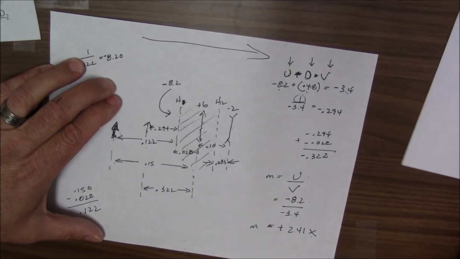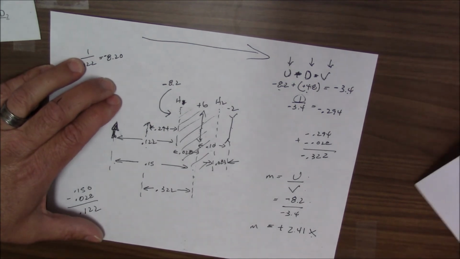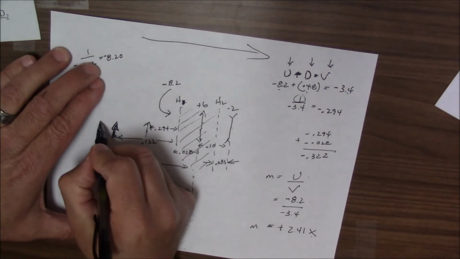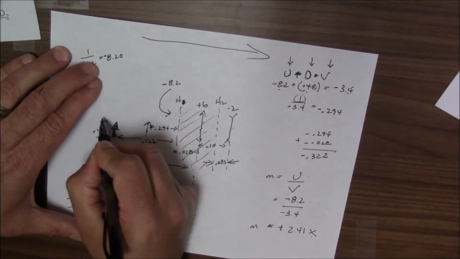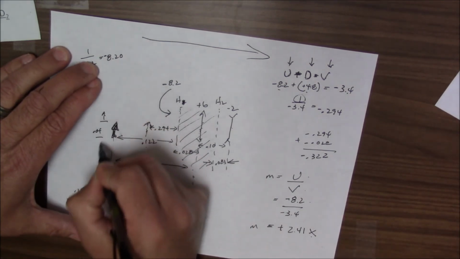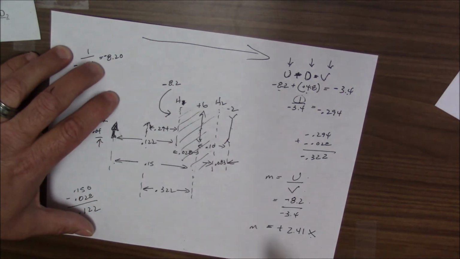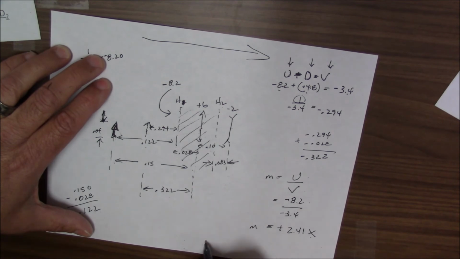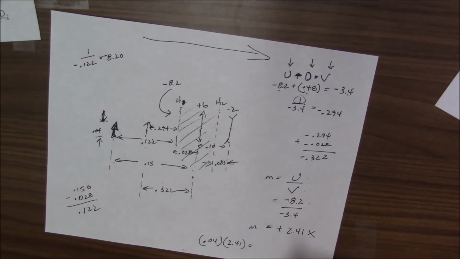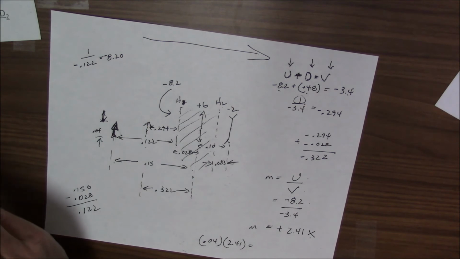All right. Now, when you look at the little picture that was given to you on the problem, they told you that this object was 0.04 centimeters tall this way. All right, so if you wanted to know the actual size of the object, you would take the 0.04, that's the size of the object, times your factor, which is 2.41, and that gives you the size of the image.